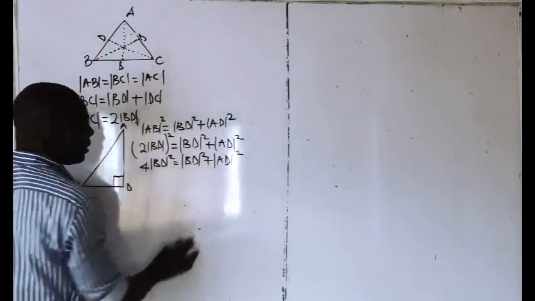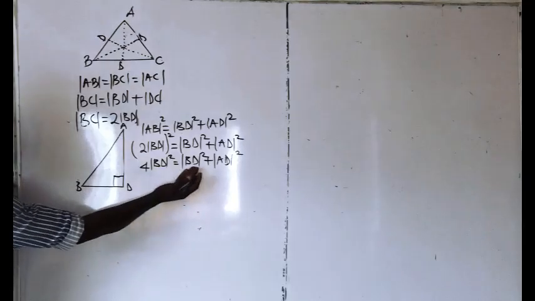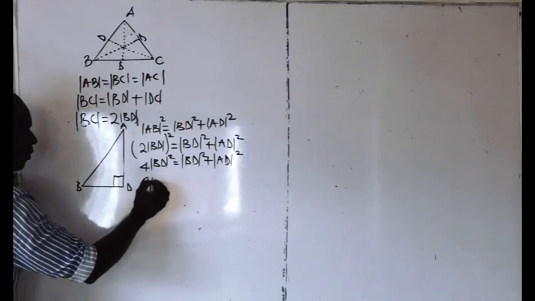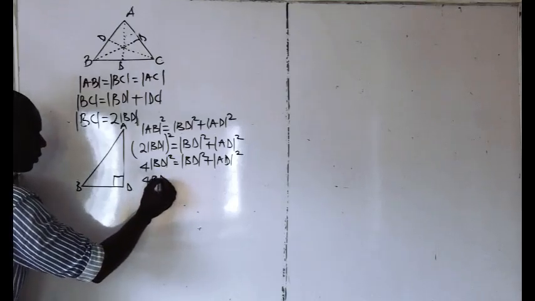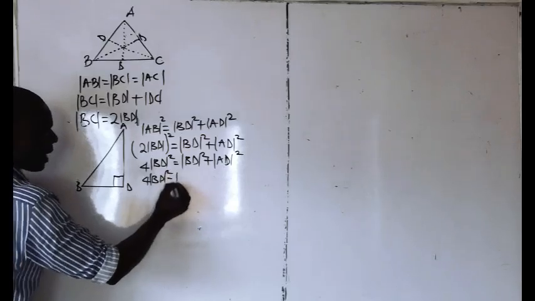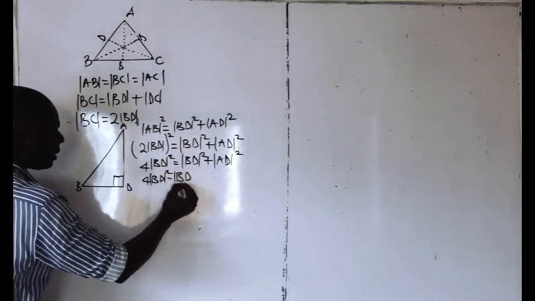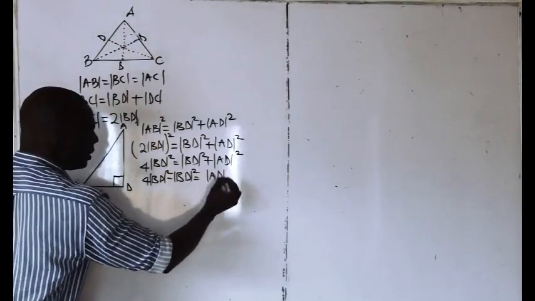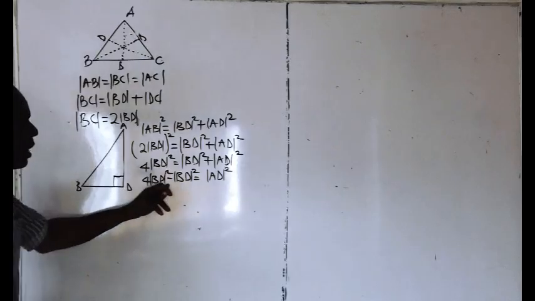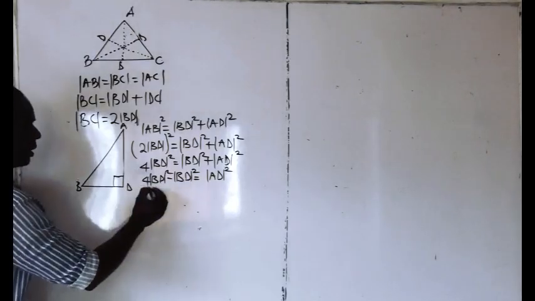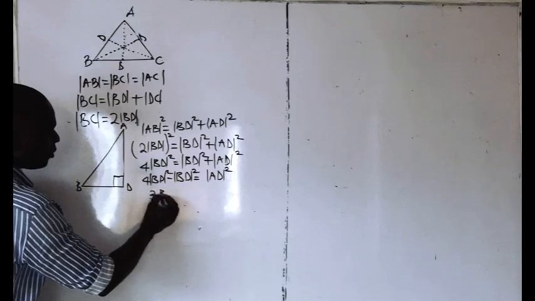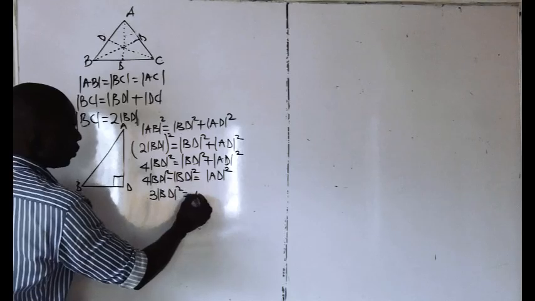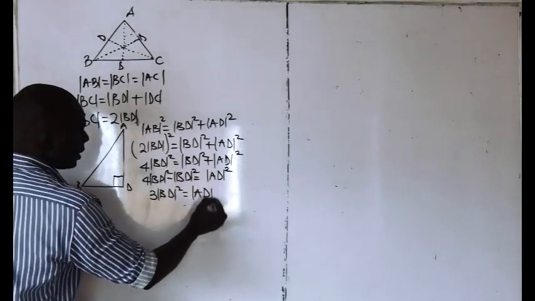Now if we move this one to the left hand side, this becomes 4BD square minus BD square is equal to line AD square. Now 4BD square minus BD square gives 3BD square, which is equal to the line AD square.